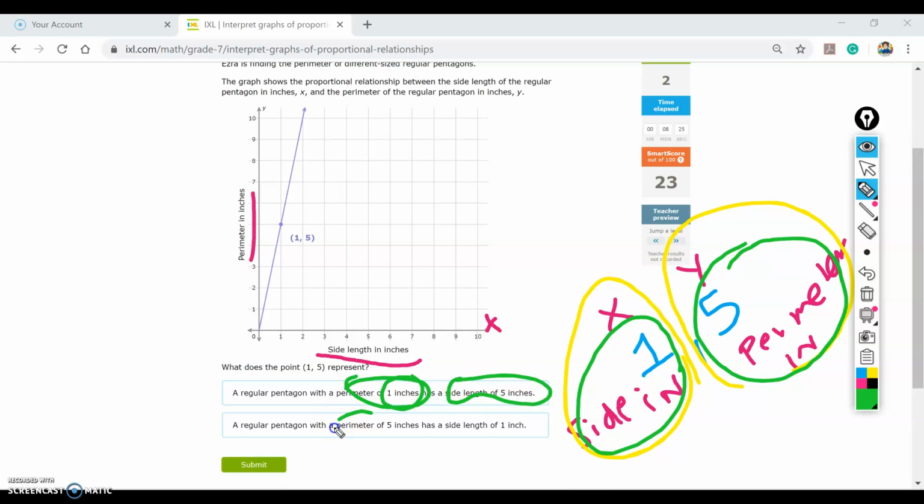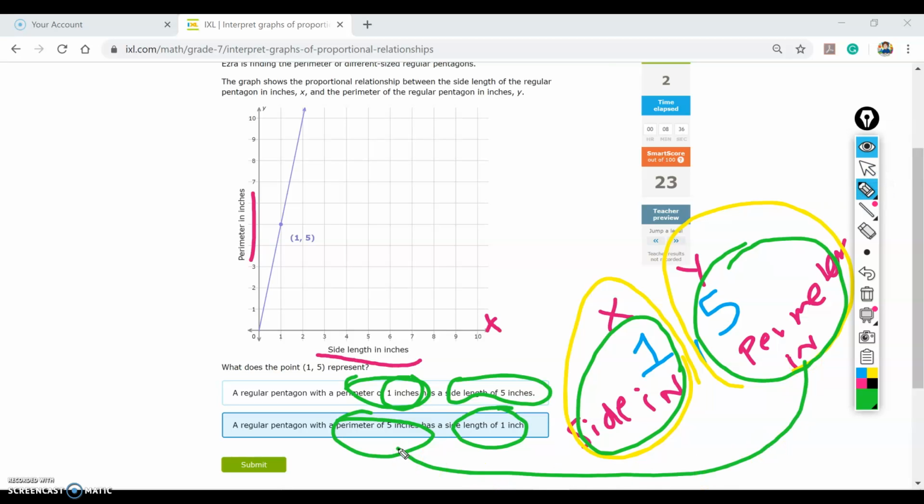The second one has a perimeter of 5 inches and a side length of 1. So because of that, the correct answer would be the second one, which matches what you have here, 5 inches of perimeter and 1 inch of side length.